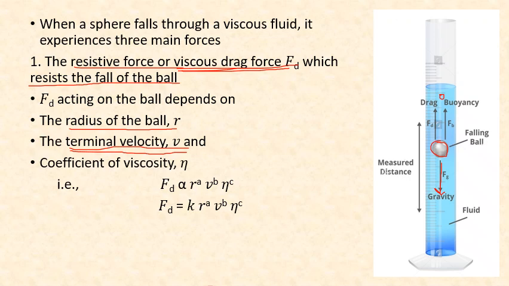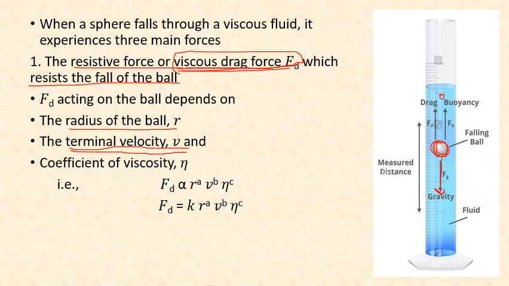That means the viscous drag force that the steel ball must experience will be a lot higher. The faster it moves, the more viscous drag it should face. The slower it moves, the less will be the drag acting on the steel ball. So again, the terminal velocity is also directly proportional to the viscous drag force.